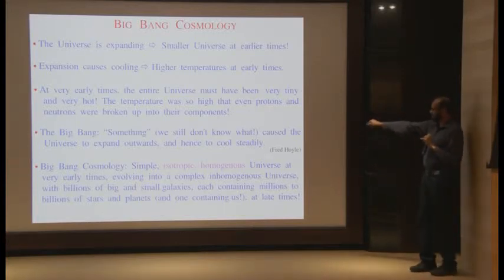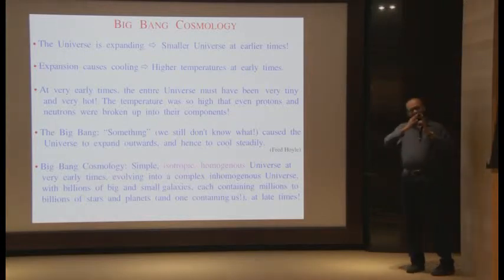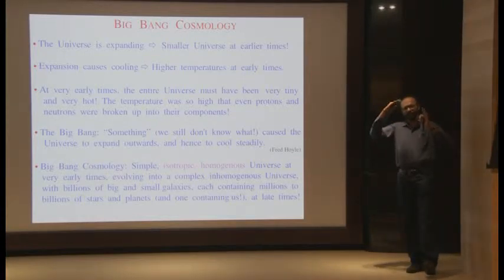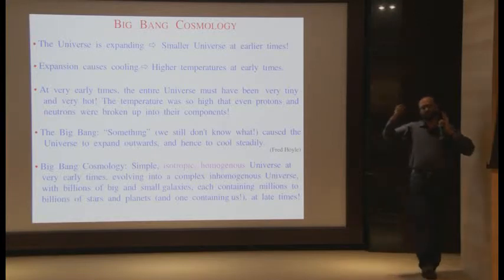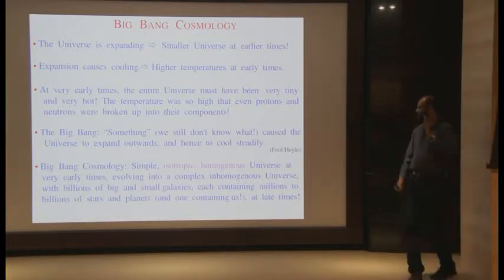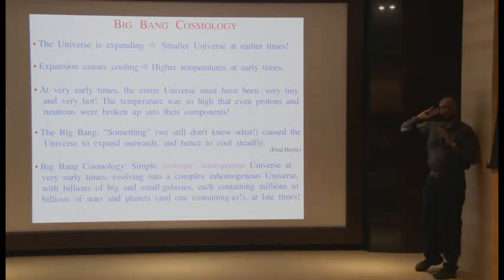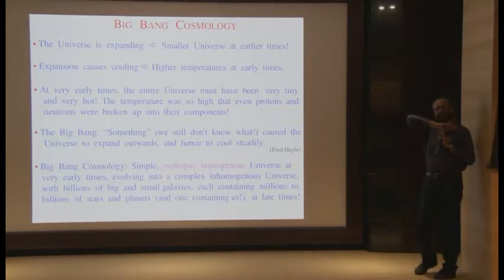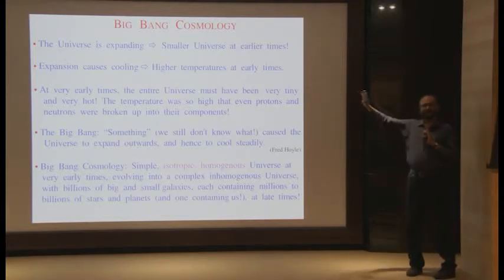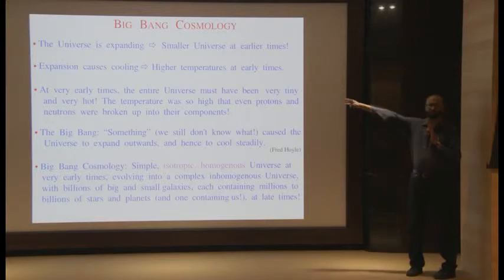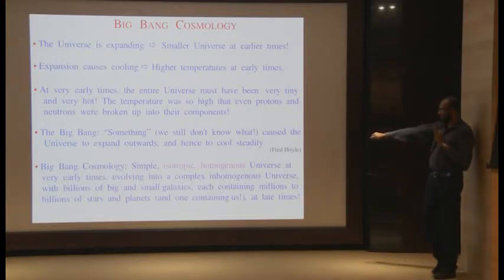So something, we still don't know what, caused the universe to expand outwards and then to cool. And this universe now, right at the start, was full of these subatomic, subnuclear particles, a quark gluon plasma. So the picture we have in this Big Bang cosmology is that you started with an extremely simple universe, completely homogeneous, no galaxies, nothing, just a soup of particles, completely smooth, almost completely smooth, at very early times, milliseconds after the Big Bang.